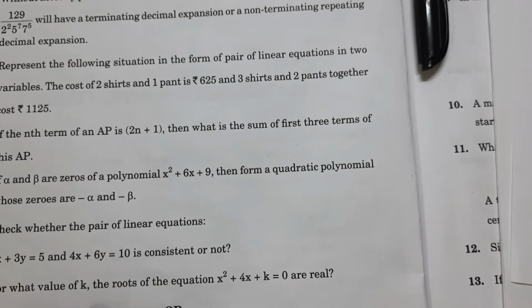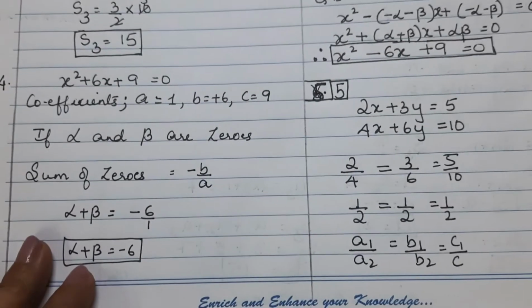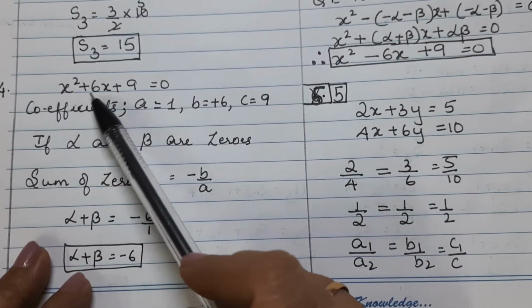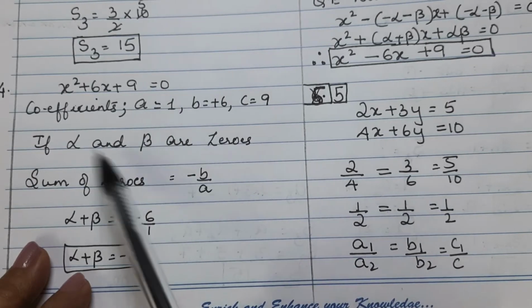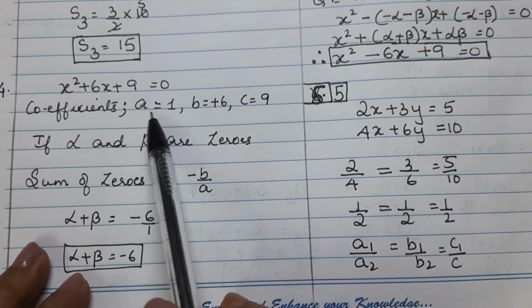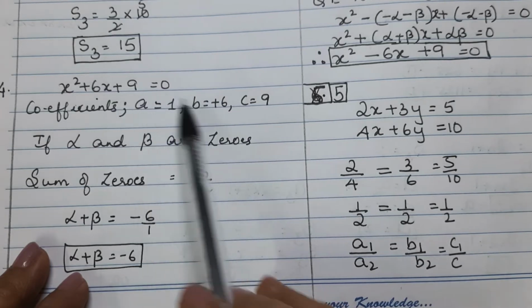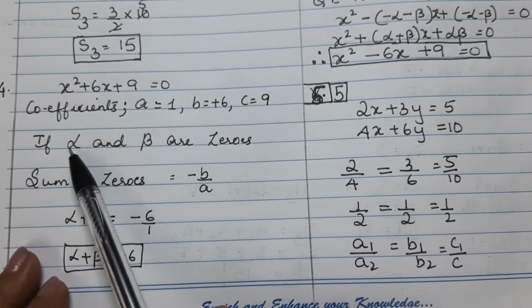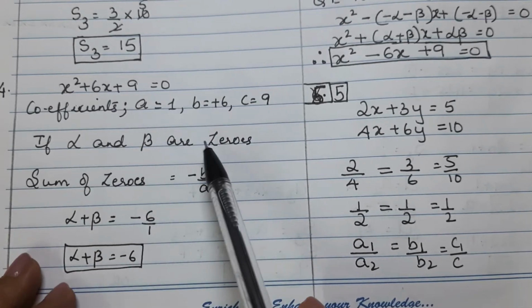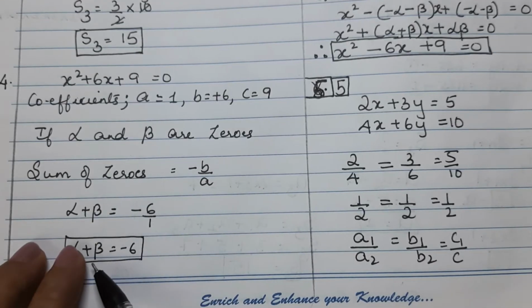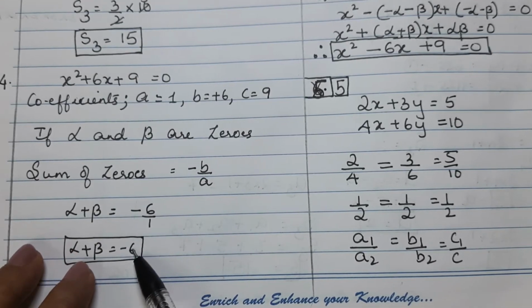So here the given equation is x squared plus 6x plus 9 equal to 0. So coefficients here will be a equal to 1, b equal to 6 and c equal to 9. For this one, alpha and beta are the zeros, sum of the zeros. So we get alpha plus beta equal to minus 6.